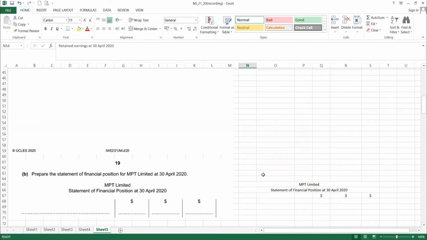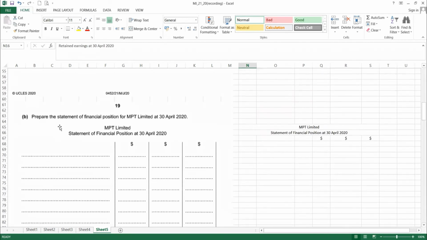So let's continue. Okay. They asked to prepare the statement of financial position. They give us 3 columns. See what are the items we have first. We put in the section non-current asset. This is the first section we normally have. And then current asset.